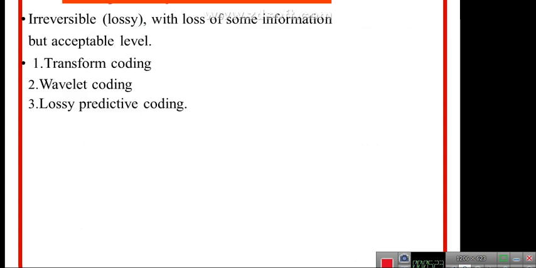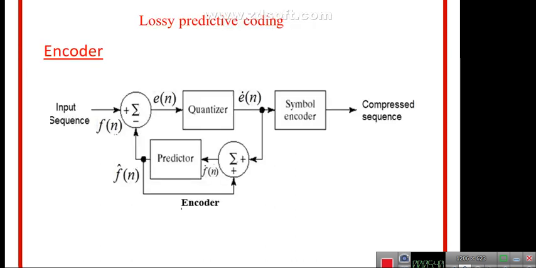Lossy compression methods are irreversible, with loss of some information, but at an acceptable level. Three lossy compression methods are transform coding, wavelet coding and lossy predictive coding. This is the encoder block of lossy predictive coding. The input sequence f of n is given and the error e of n is measured. Before that, the signal is given to the quantizer, and the quantizer result is represented as e dot of n.